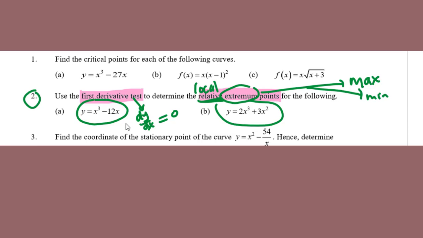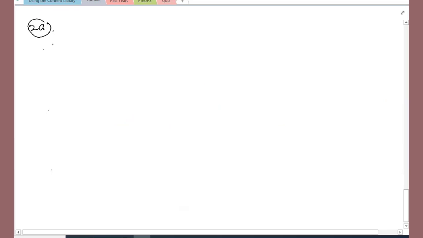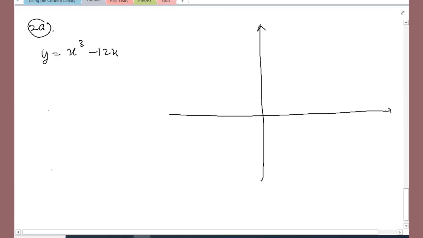Let's discuss A and B. For A, the function is y equal to a polynomial. For the relative extremum, let's say this is the graph with x, y axes and origin 0.